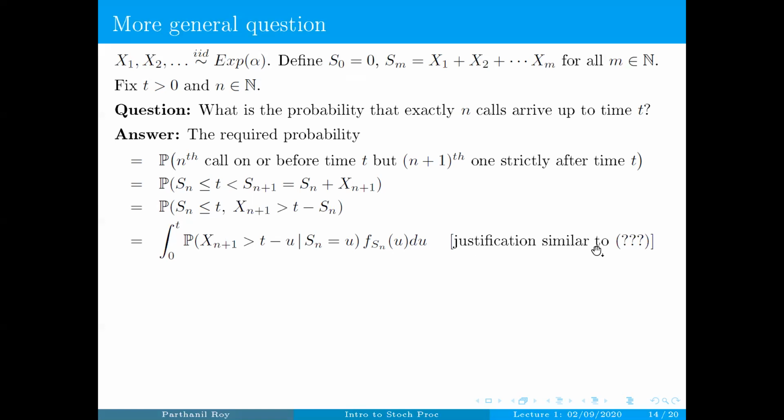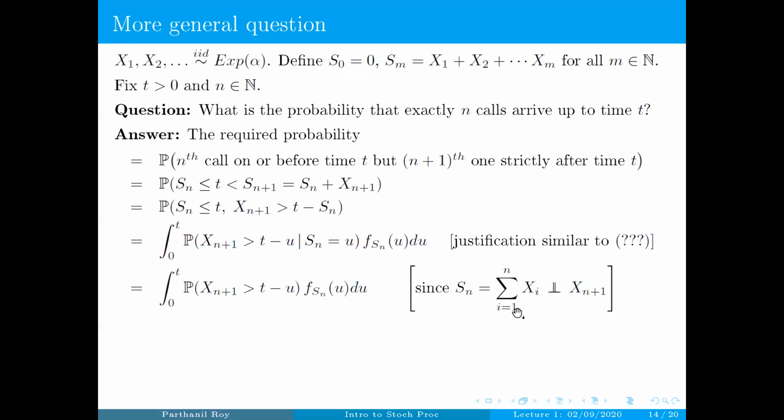This can be justified very similar to the previous justification. So from now on, we are not going to justify such things. We're just going to say this is a continuous version of the law of total probability, and then we use the fact that Sn is just the sum of X1 to Xn. All the Xi's are independent, and X_{n+1} has nothing to do with X1, X2 up to Xn.